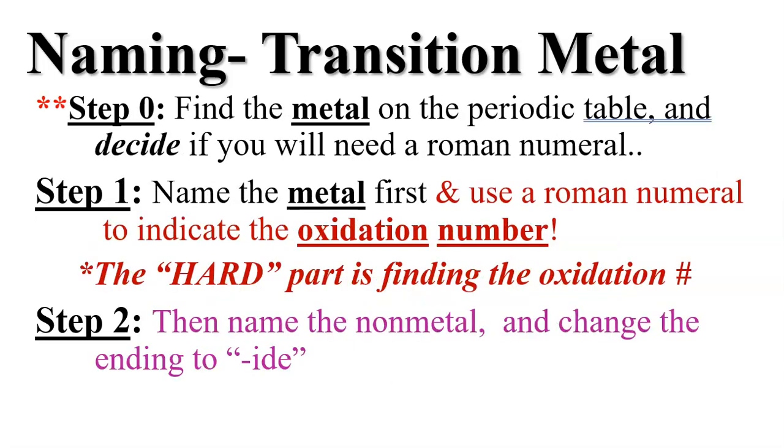All right, so step 0, find your metal in your periodic table and decide if you need a Roman numeral. Step 1, you name the metal first and use a Roman numeral to indicate the oxidation number. And then step 2, you name the nonmetal and change the ending to -ide.